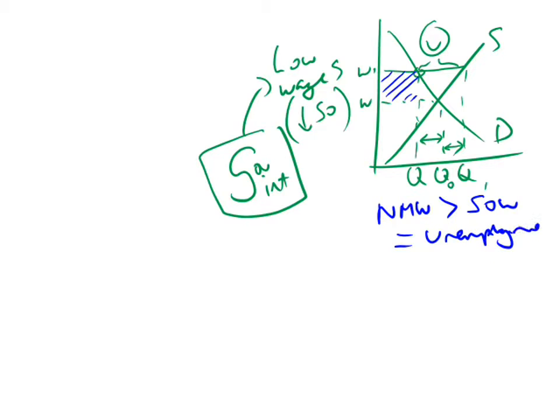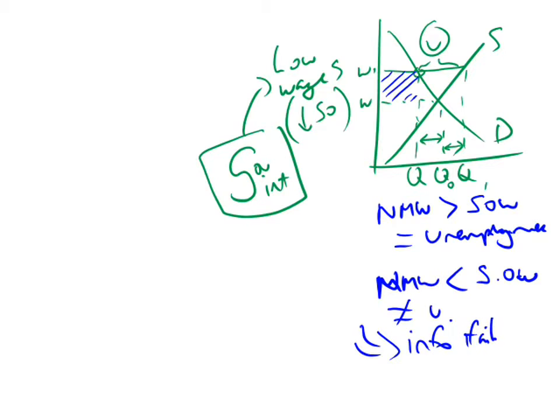However, you could argue that because we haven't seen this happen in the UK, the national minimum wage is actually less than the socio-optimum wage, which means there isn't any unemployment. And the reason that's happened is because there are other failures within the labour market. So it could be monopsonies, but it could be information failures, or the lack of trade union power in terms of a lack of bargaining. So that would be one government intervention.